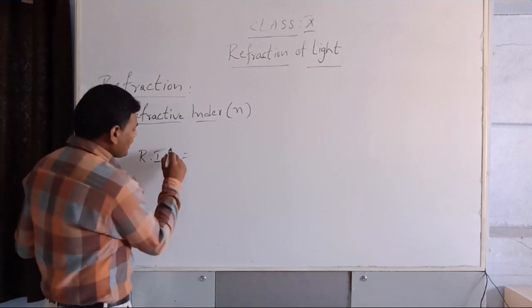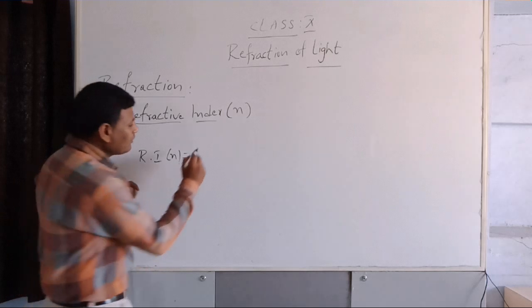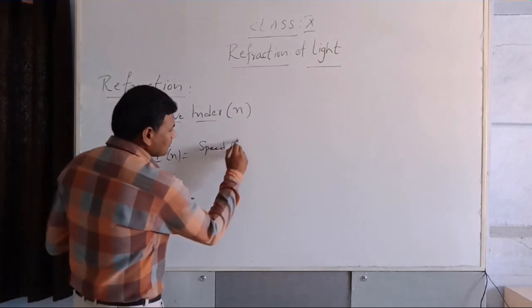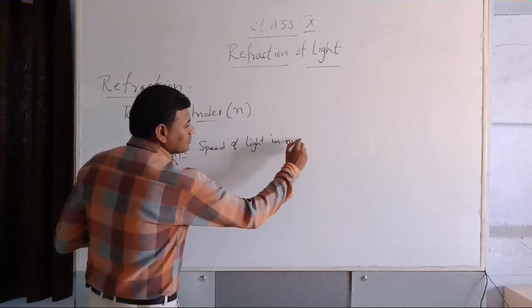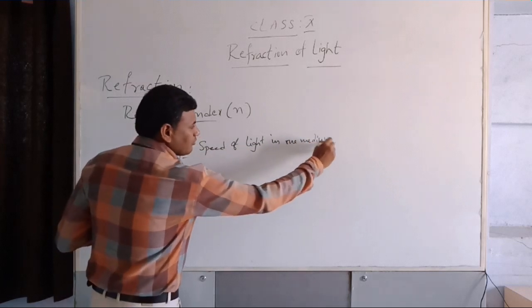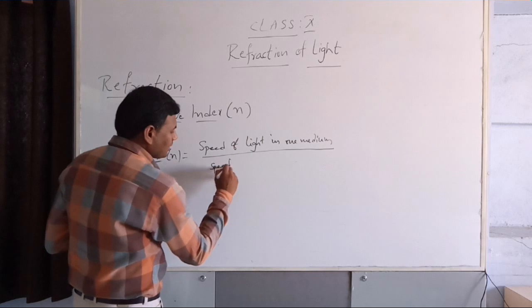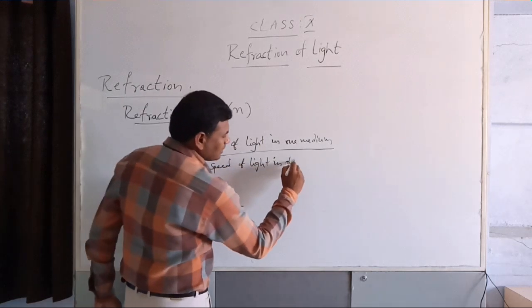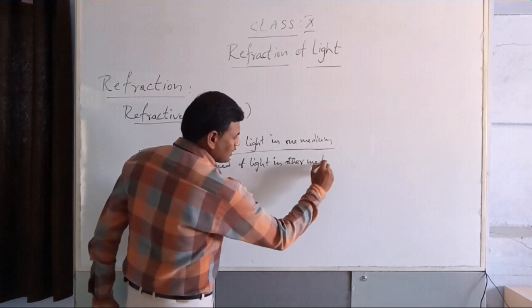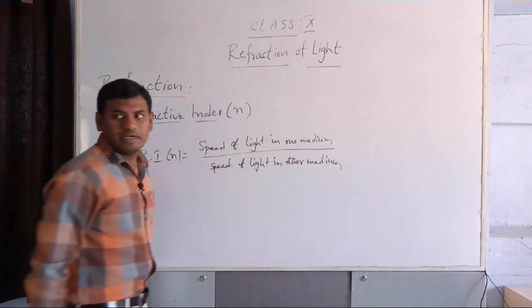Refractive index N is equal to the speed of light in one medium, the first medium, to the speed of light in the other medium.